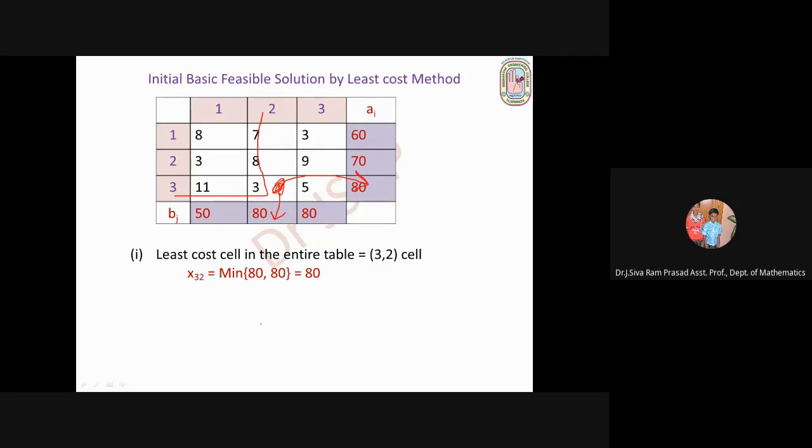So minimum of 80 comma 80, so that is 80. So write 80 in the 3 2 cell and circle it. That means it represents basic cell.